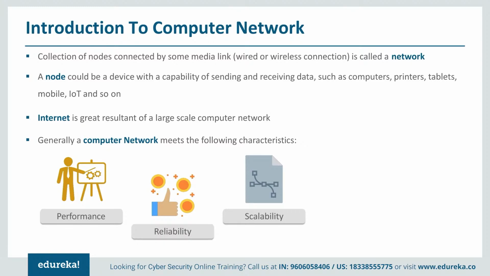So initially, the machines could be connected only within the manufacturer's end. So it was like an HP computer could be connected only to the HP network printer, HP network modem, or something specific to that. Similarly, IBM or any other computers which are manufactured would work only on that particular manufacturer's interface.